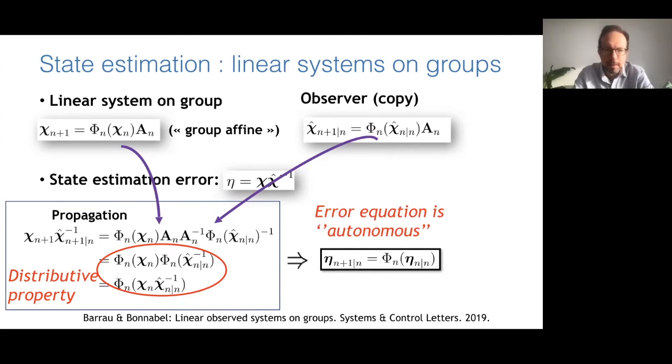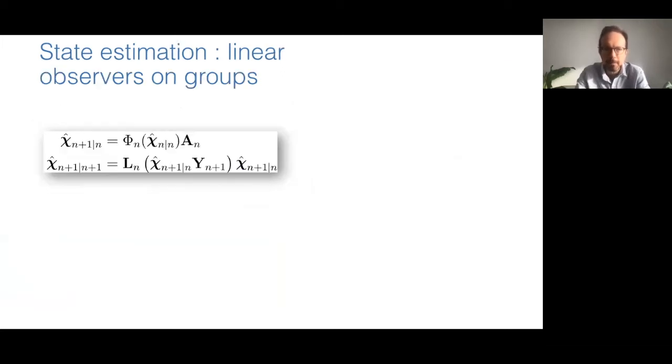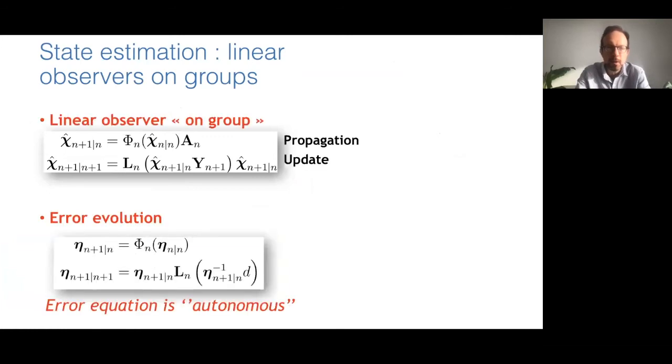So the propagated error is phi of the error before propagation. So we have something that occurs which is very similar to linear systems. And in fact, linear systems on groups generalize linear systems.